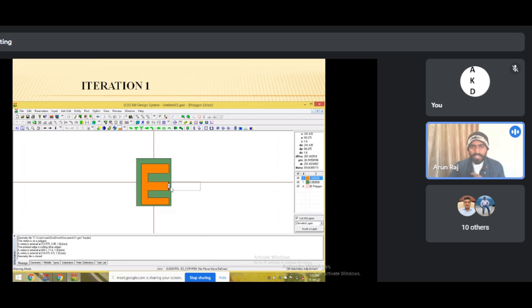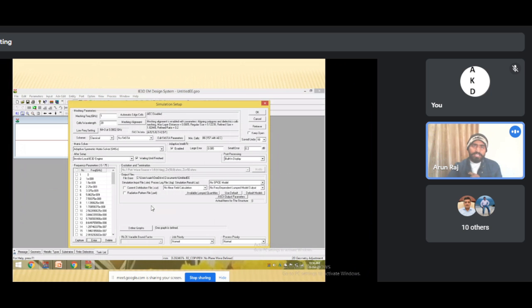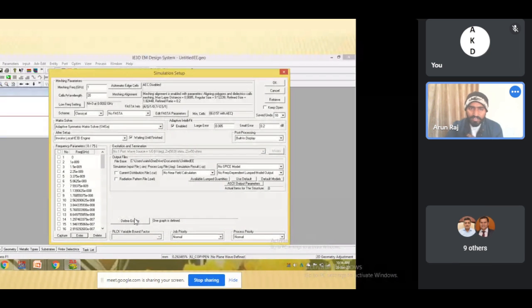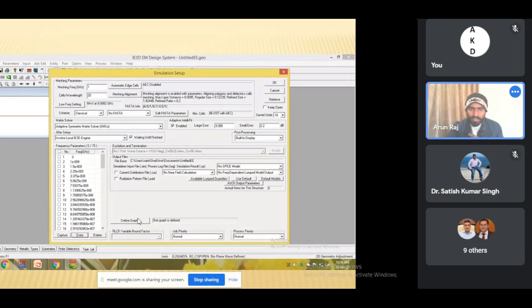And line feeding is here in my slot E-plane antenna. After the simulation setup and the different frequency points, I find the S parameter graph and the VSWR Smith chart graph.